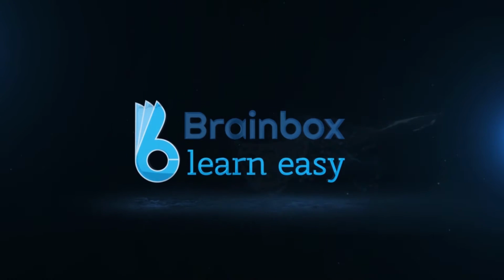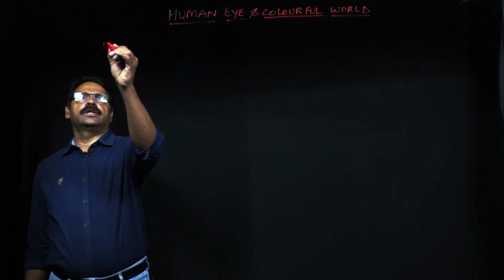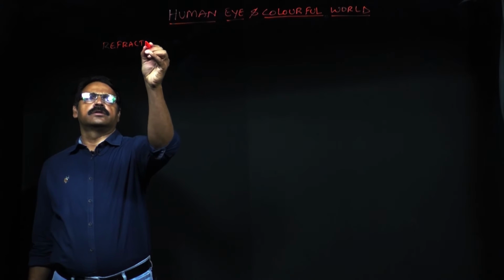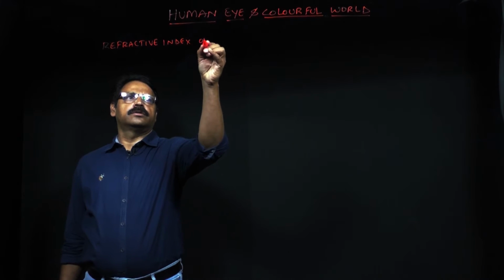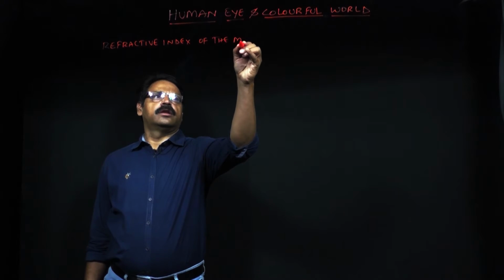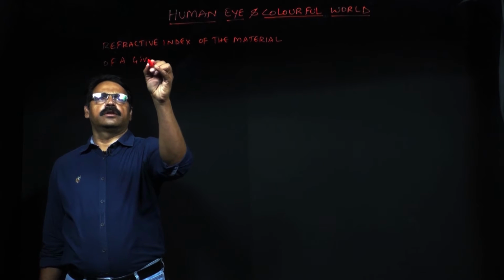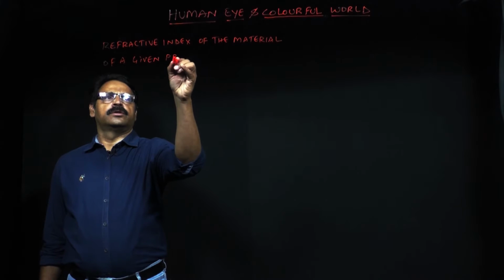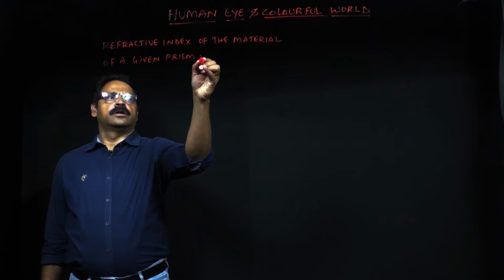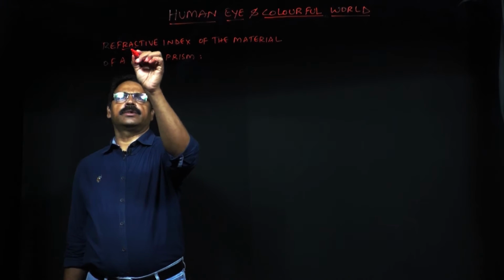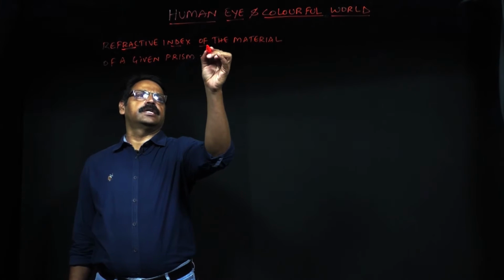We look at the refractive index of the material of a given prism. Refractive index is one which identifies the nature of the material.